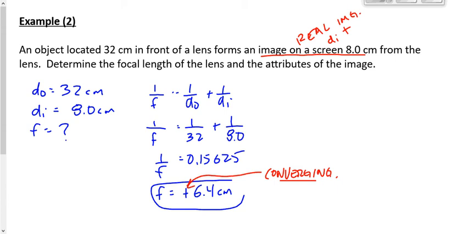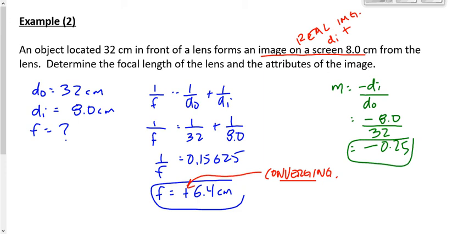Now, what are the attributes? I think I'm going to have to do something else. Maybe find the magnification. We're going to say -8 over 32, which gives me -0.25 as my magnification.